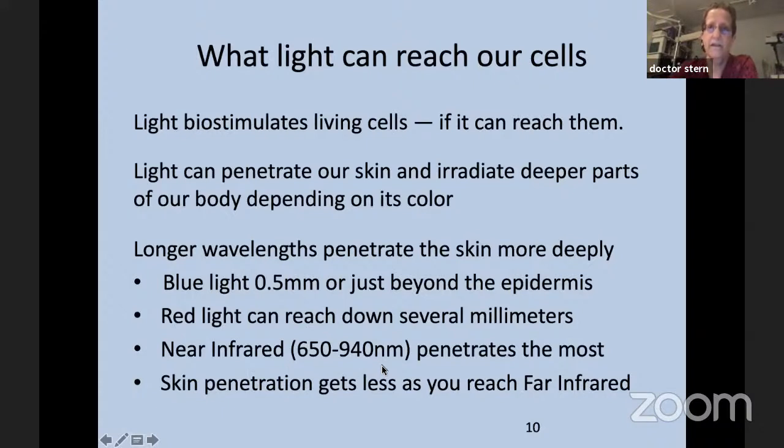That's why I think in photobiomodulation, you're seeing the red and the near infrared used the most. If you go into the far infrared, though, you start to get less penetration, which is kind of interesting. But the blue doesn't go very far, but still can be useful. And the red and the near infrared are what you're going to see the most in devices right now.